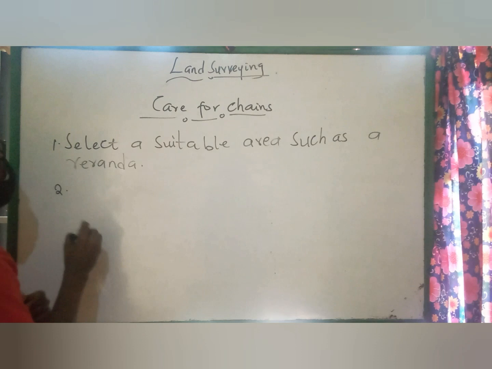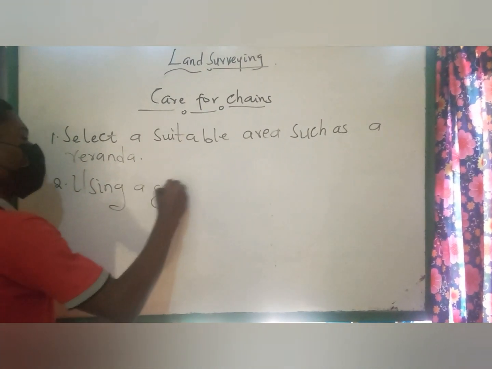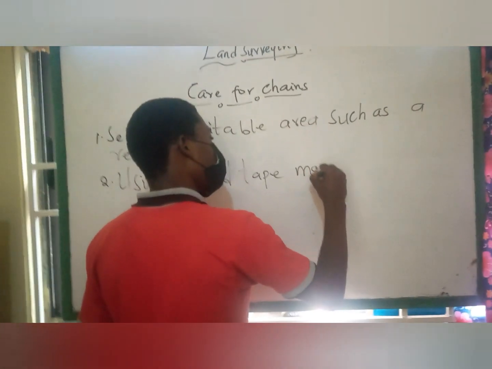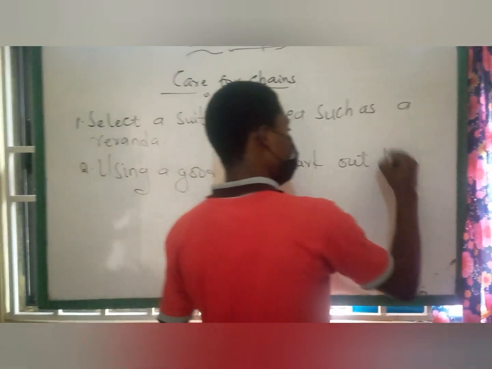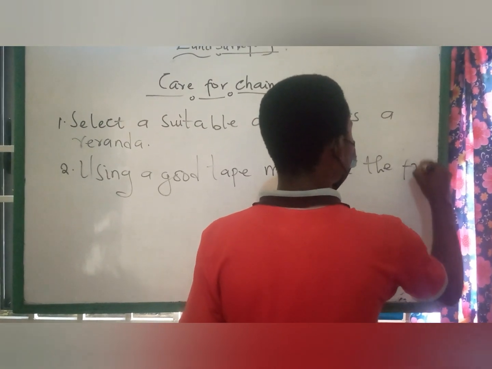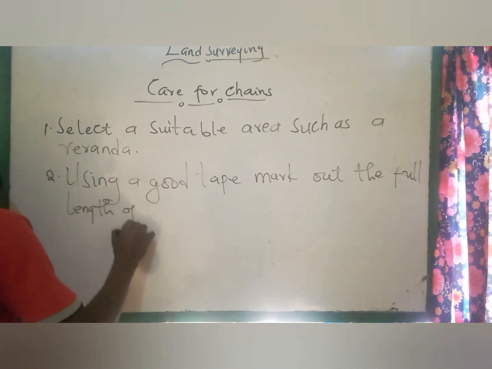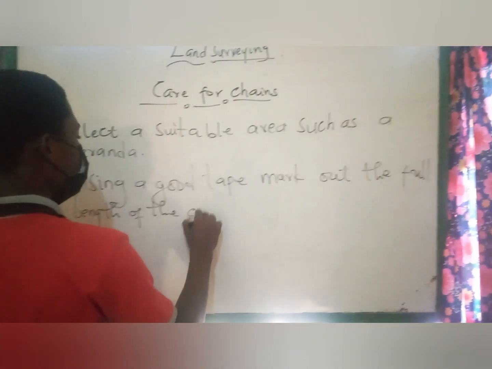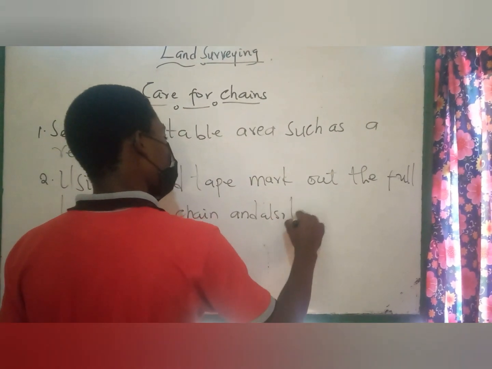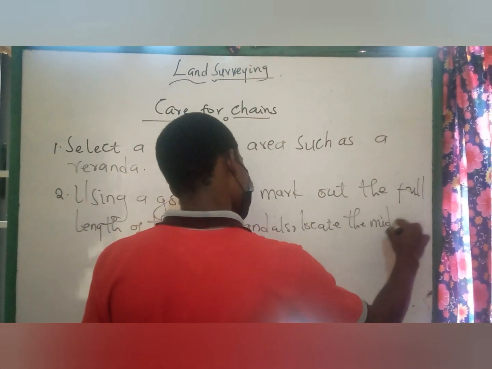Now the second point is using a good tape, mark out the full length of the chain and also locate the midpoint.